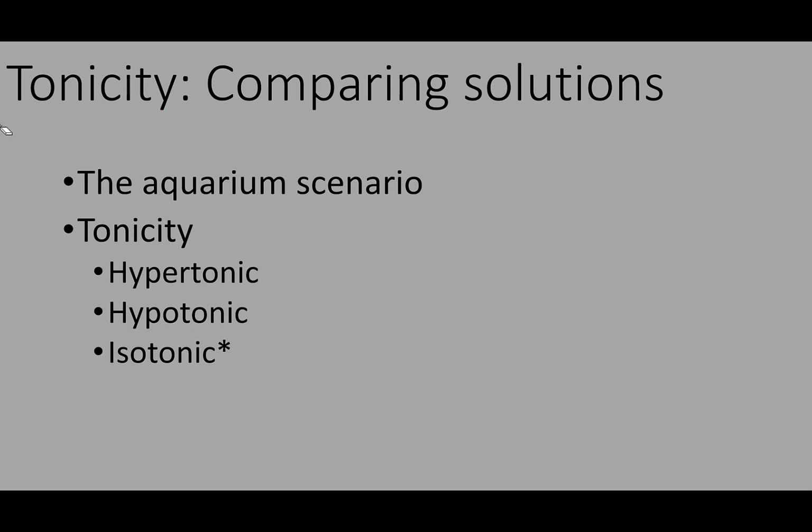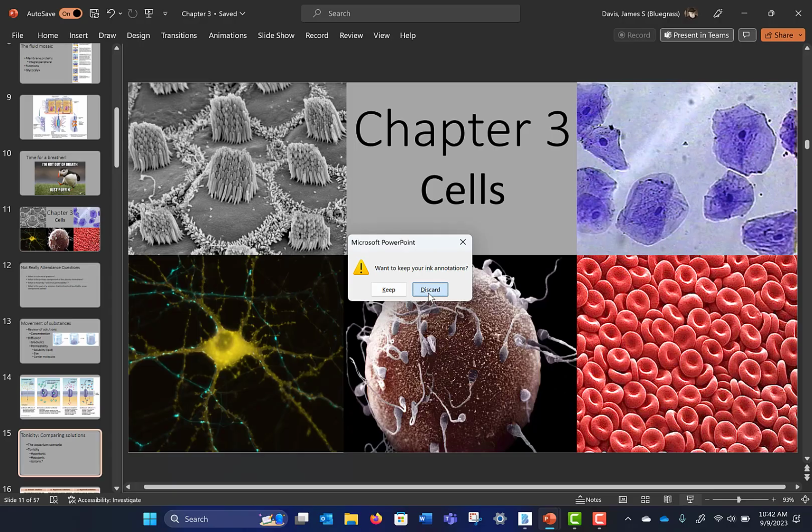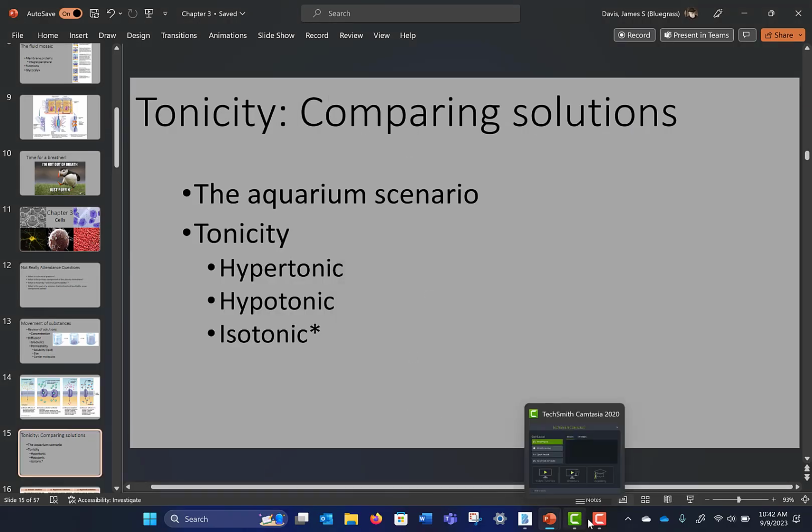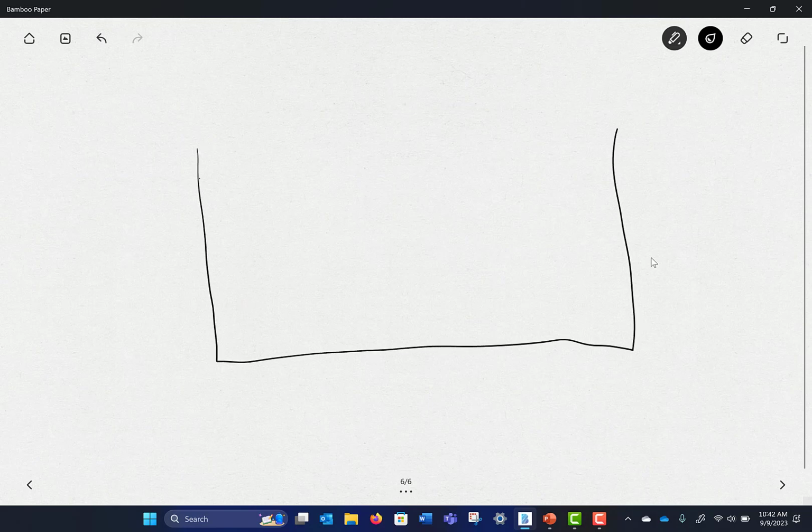And when we talk about osmosis, the best thing to do is use something that I like to call the aquarium scenario. So let's bring up our whiteboard and draw out some different scenarios using aquariums and concentration.